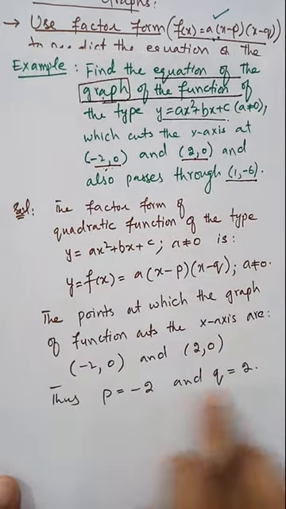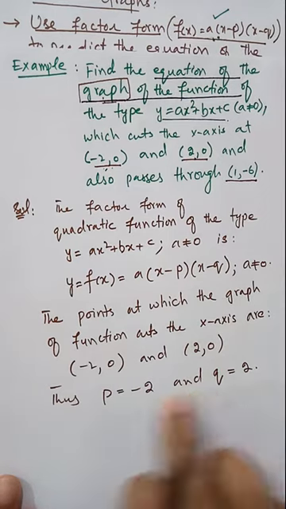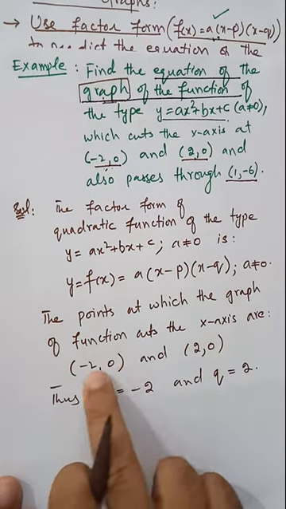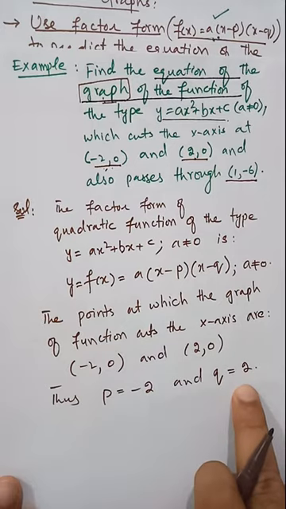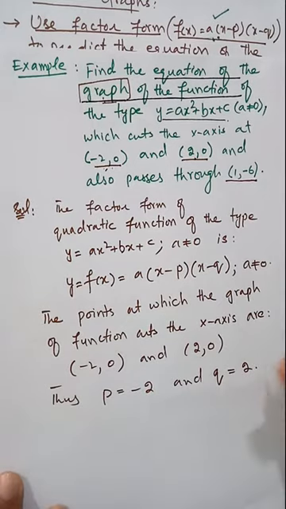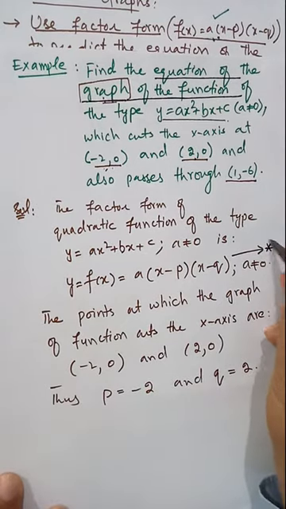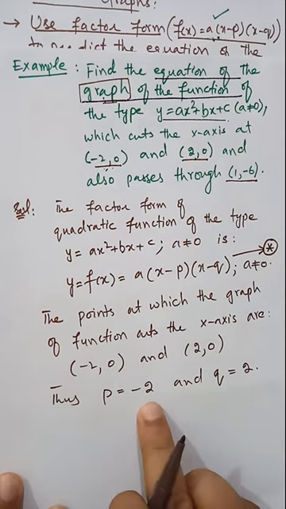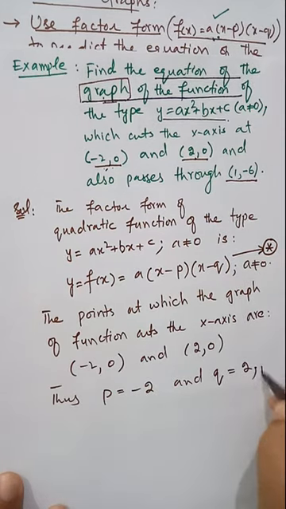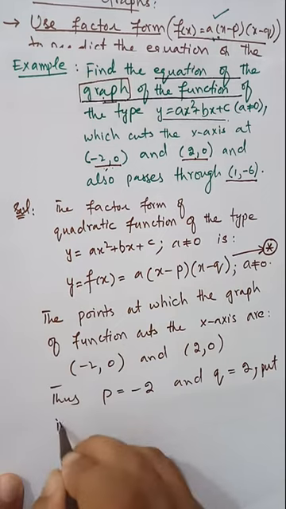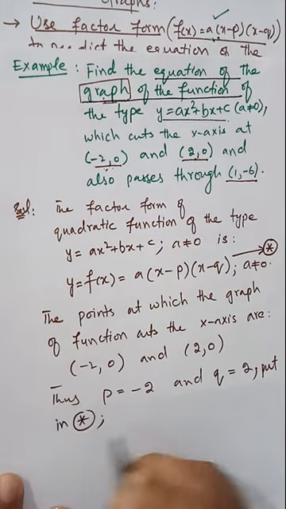You clearly see that, because this is p0 and this is q0. So this is the value of p and this is the value of q. Let's say this is equation number star. Put p equal to -2 and q equal to 2 in star.